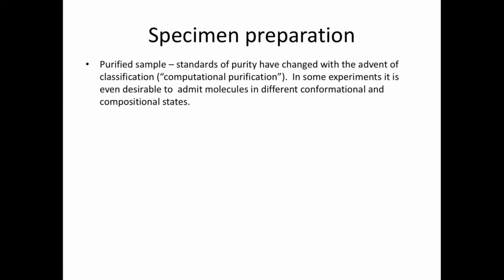So I'm going to go a little bit into specimen preparation. First of all, we want to have a purified sample, but recently the standards of purity have changed because of the advent of classification. So we can think about classification as a computational purification.